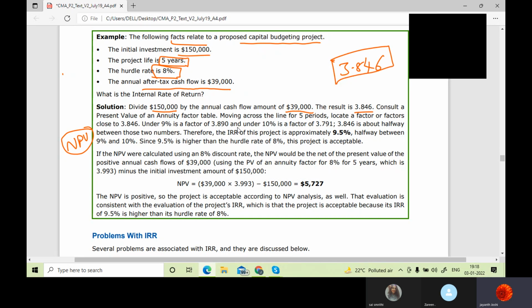Then they are asking you to see the present value table. When we see the present value of annuity table, we have to see between what percentages this 3.846 lies.